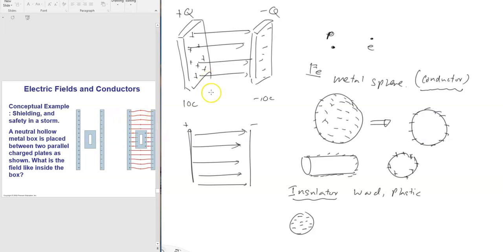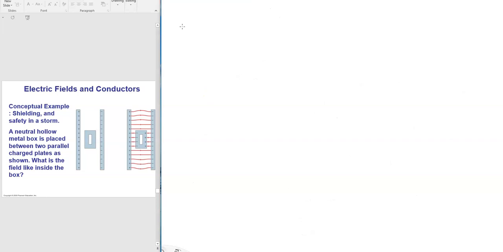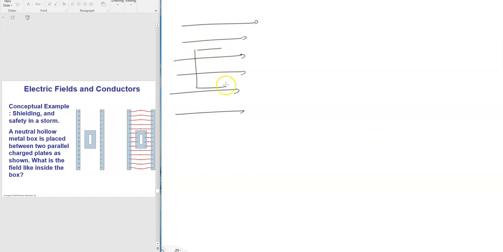One interesting thing happens. So you have this electric field, and then you place this metal box inside. This is metal. Inside the box is empty space.